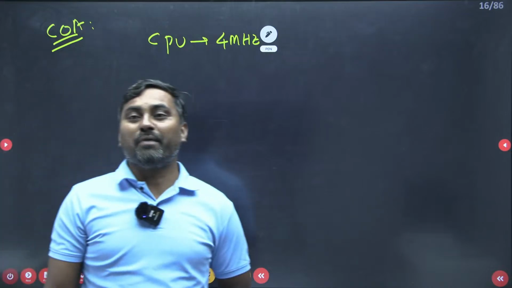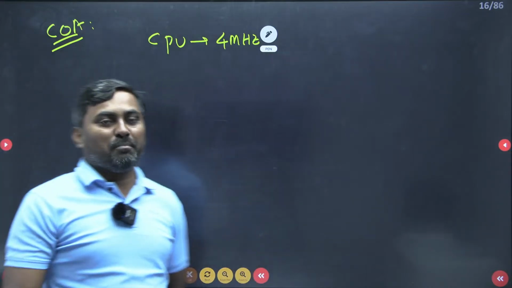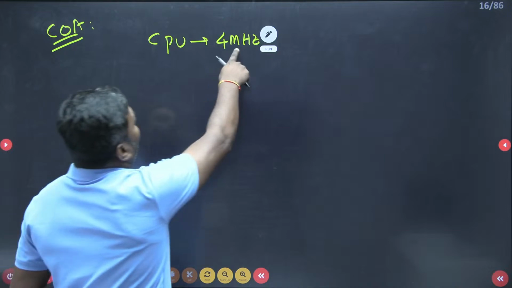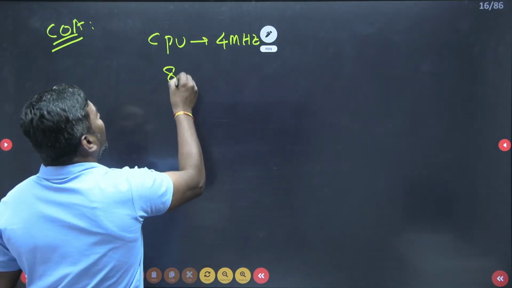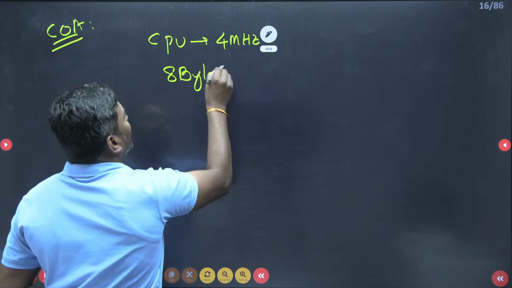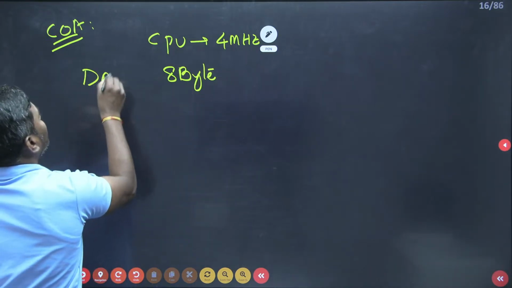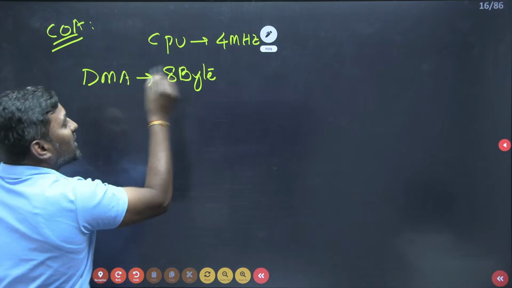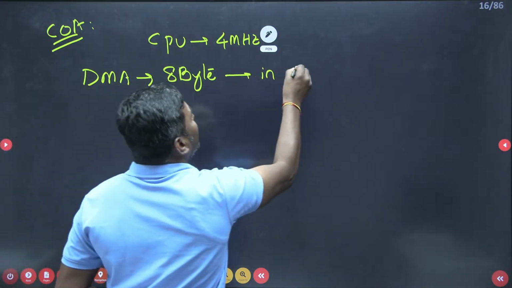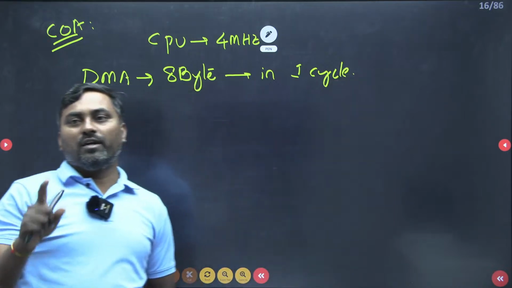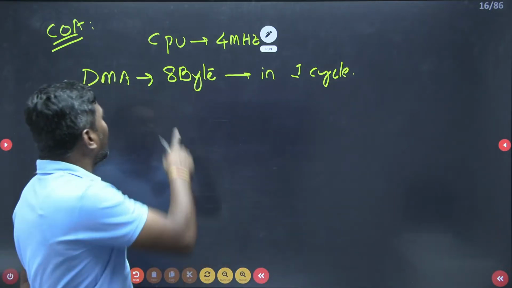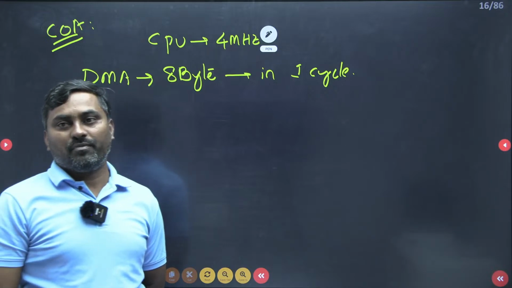Anybody solved the DMA question? The CPU clock rate is 4 megahertz, and they said DMA can transfer 8 bytes in one cycle. So in one cycle, the DMA capacity to transfer is 8 bytes of data.